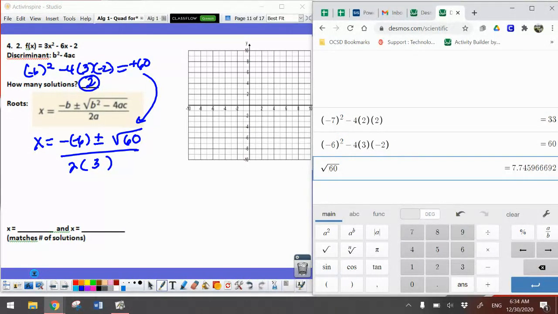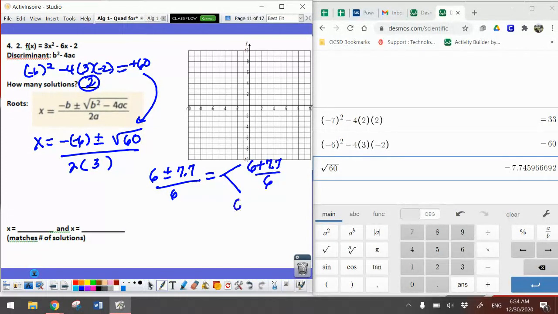We're going to round that off to tenths, and that's going to be 7.7. So negative negative is positive, plus or minus 7.7, 2 times 3 is 6. Okay, so to get these numbers, 6 plus 7.7 divided by 6, 6 minus 7.7 divided by 6.